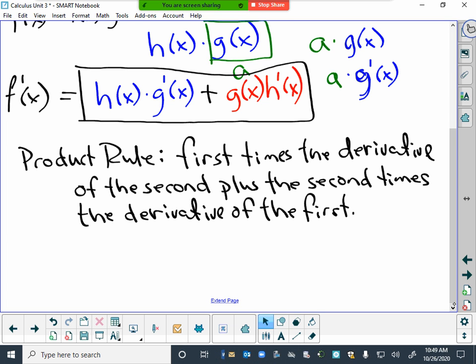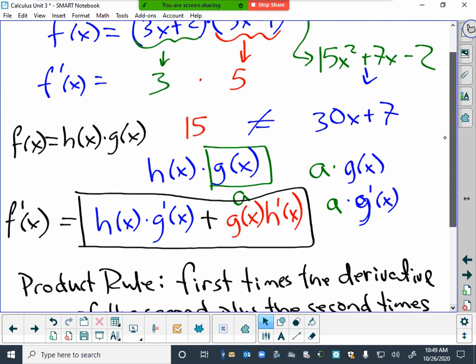Anytime I do a product rule in a problem, that phrasing goes exactly that way through my head, and I write down the first function and I write down the derivative of the second, and I add and I write down the second function and I multiply by the derivative of the first, and then simplify from there. So first times derivative of the second plus the second times derivative of the first.